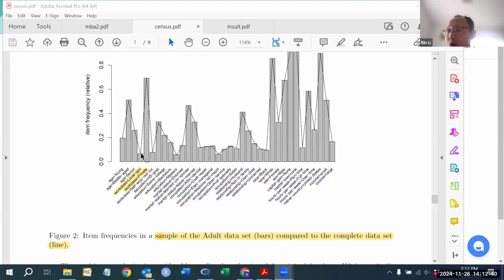Because this class has a low proportion, compared to the true proportion it tends to have a relatively high error rate. But this one has a low error rate because it has a high proportion. So if you have a small sample size, of course the error rate will be high. If you have a large sample size, of course the error rate will be low. Just like that.